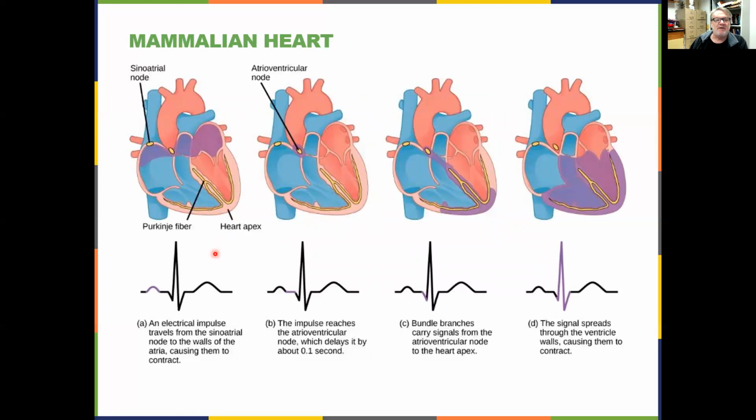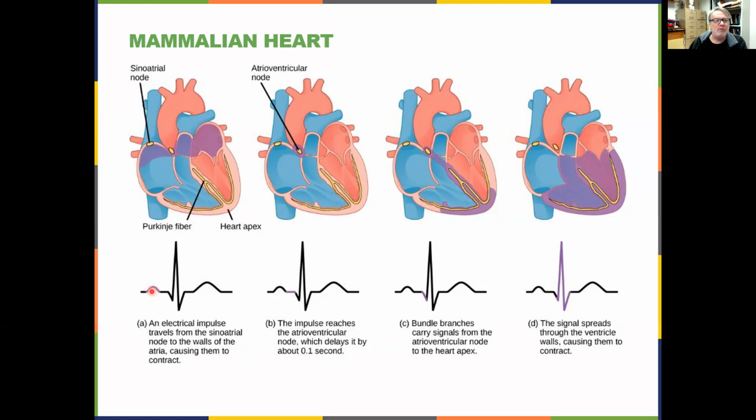If we look at a mammalian heart and all the different structures in it, where does the signal begin? In the right atrium there is what's referred to as the sinoatrial node. This is what normally generates the rhythmic pattern, and that's what is noted in this first deflection called the P wave.